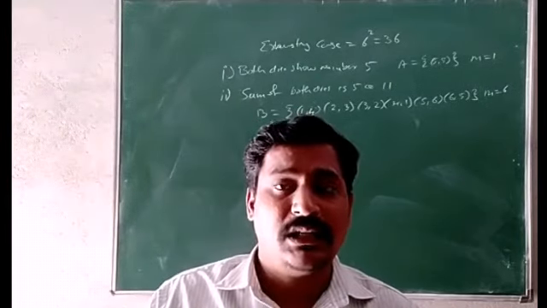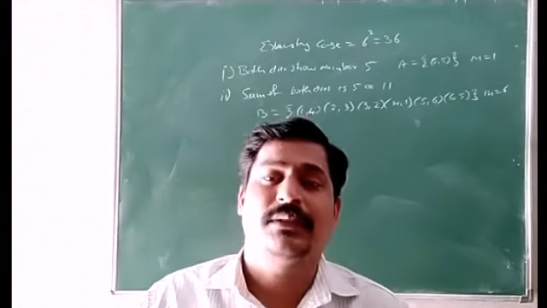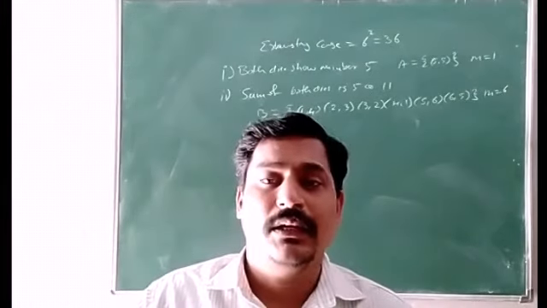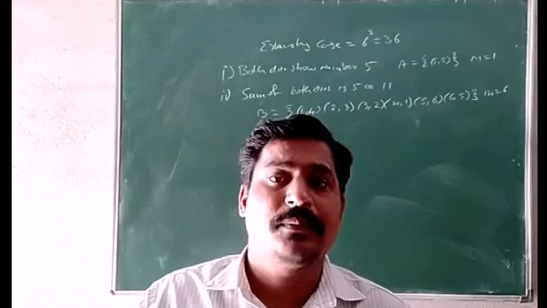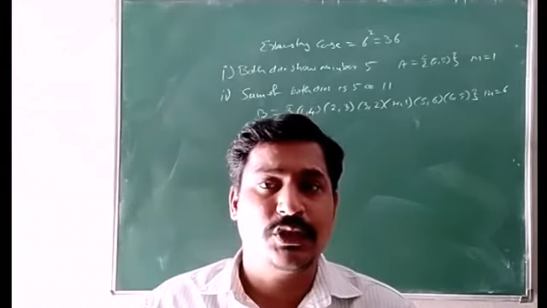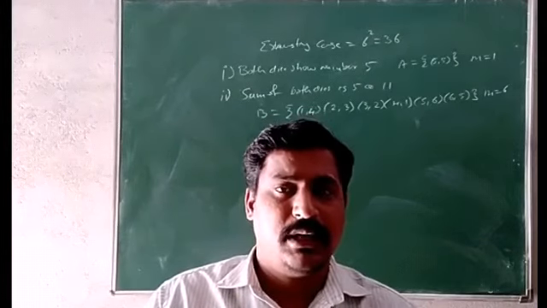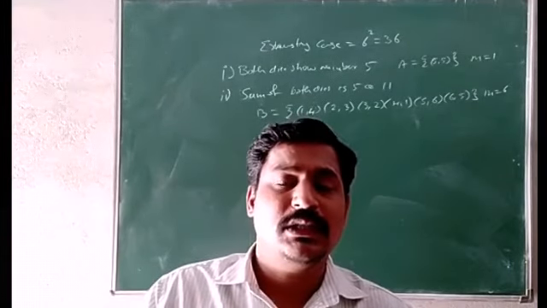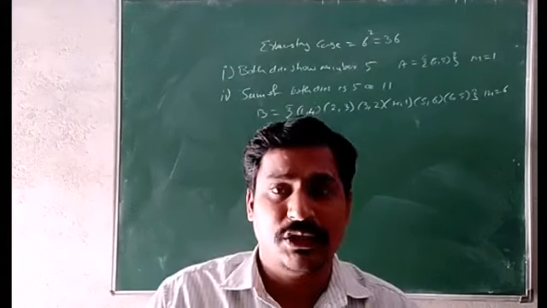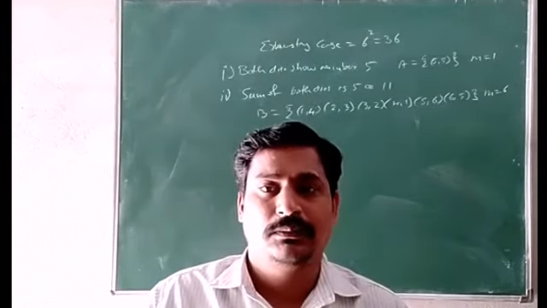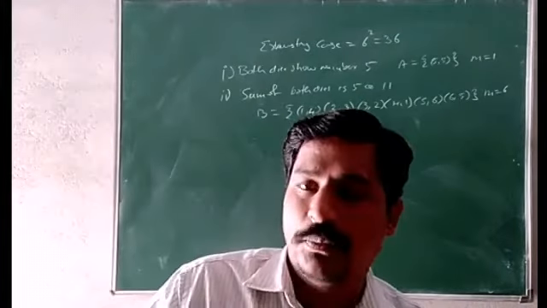And last, number 6. If the first die turns up 6, then 6 plus 3, 9. 6 plus 6, 12. So in each case, we get 2. So 6 into 2, 12 outcomes we get. So 12 divided by 36. I hope you people will solve this.